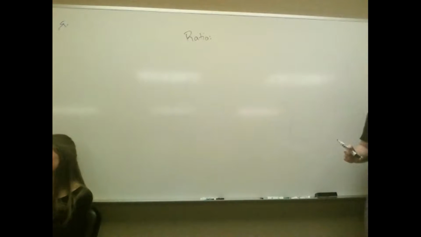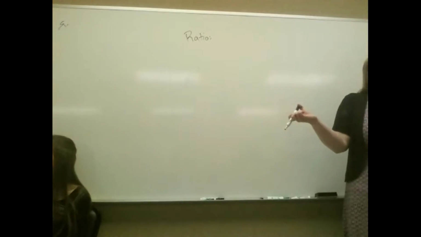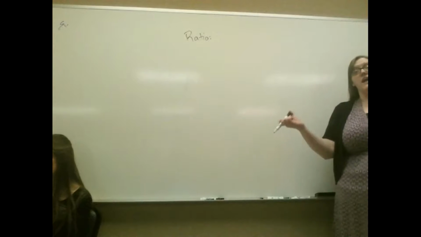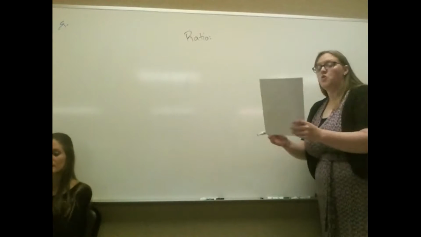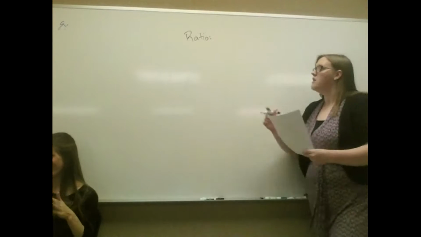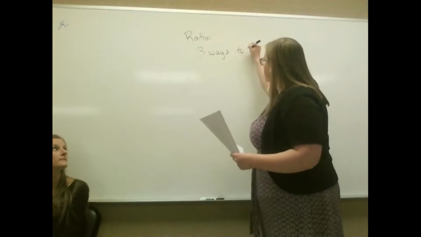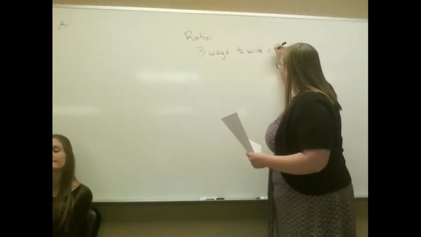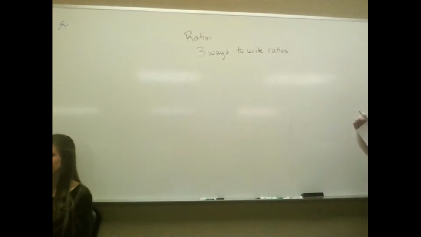They're two different ratios that express the same relationship of 50% of something. 2/4 and 1/2, both 50%. Okay? All right, so you can write ratios in 3 ways, and that's what that first section is for. So 3 ways to write ratios.